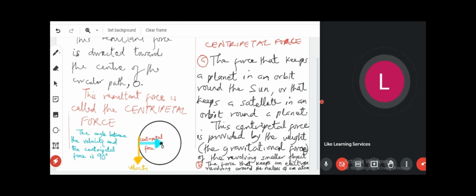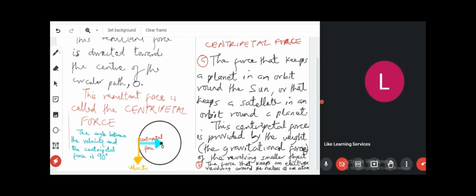There's a centripetal force that keeps the planet in that circular path. Without the centripetal force, the planet cannot move around the circular path. If the Earth is moving around the sun, the centripetal force acts towards the sun, from the Earth to the sun. So it is what helps the planet to move around the sun.